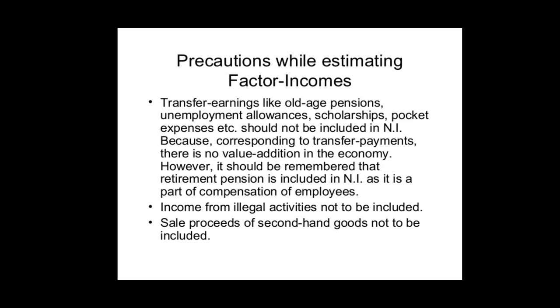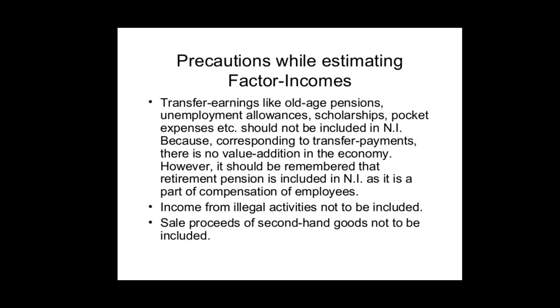Students, to estimate national income correctly by the income method, certain precautions must be taken. Transfer earnings like old age pensions, unemployment allowances, widow pensions, scholarships, etc., should not be included in national income because corresponding to transfer payments, there is no value addition in the economy.